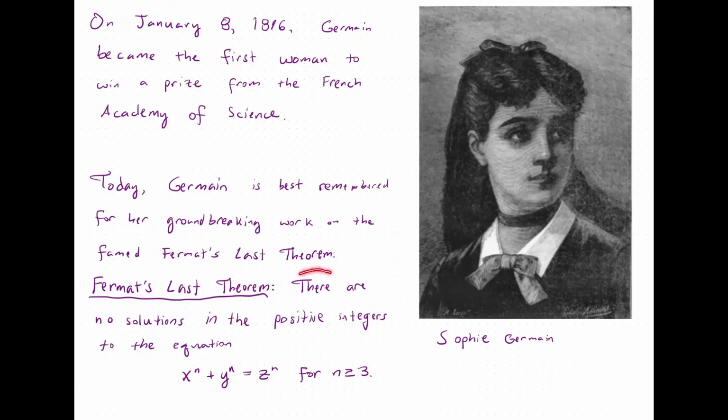There are no solutions in the positive integers to the equation x to the n plus y to the n equals z to the n for n greater than or equal to 3. And so here n is a positive integer greater than or equal to 3. So in other words, things that we see as we study for, say, SATs, Pythagorean triples, so 3 squared plus 4 squared equals 5 squared.